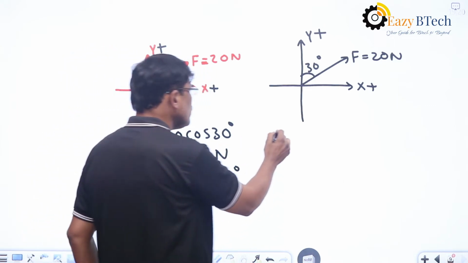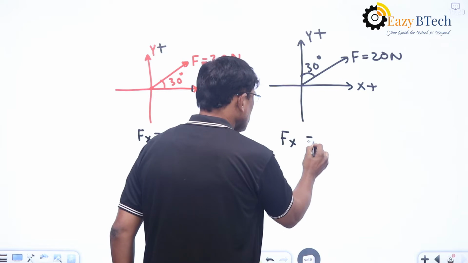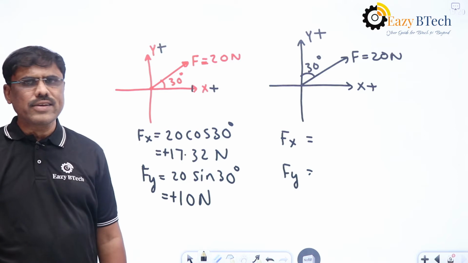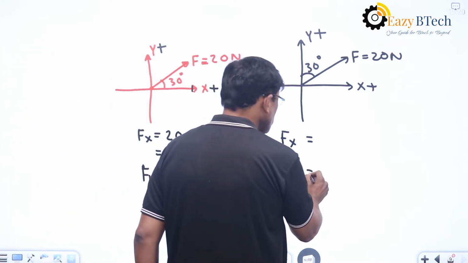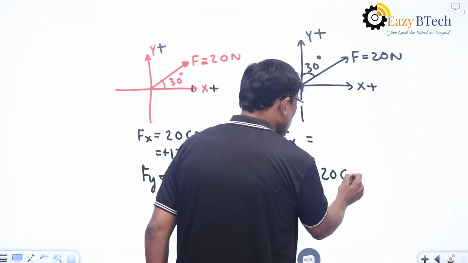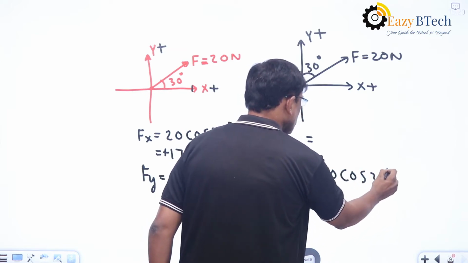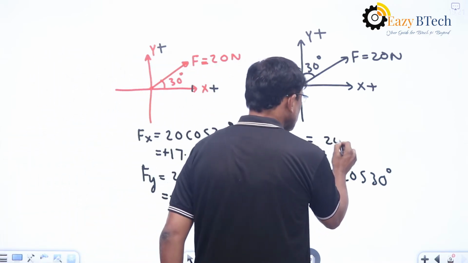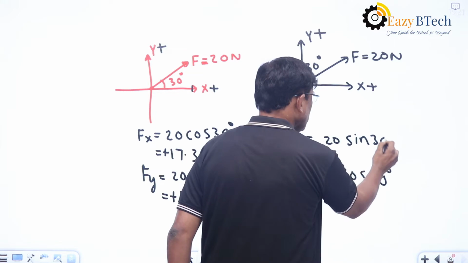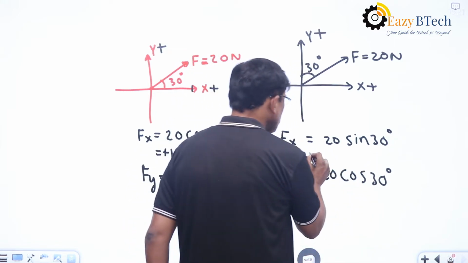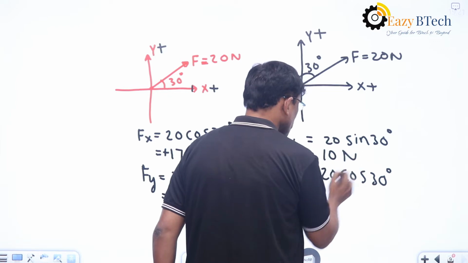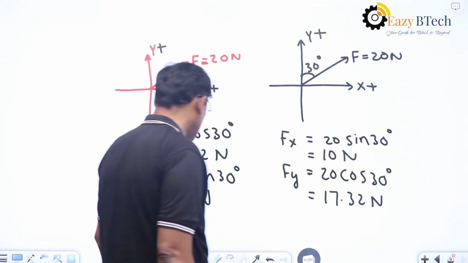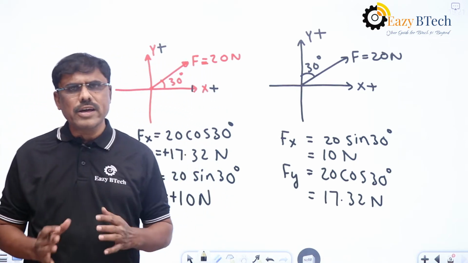Now Fx and Fy, because this makes angle 30 degrees with y-axis, Fy becomes 20 cos 30 degrees, whereas Fx becomes 20 sine 30 degrees. That means this is equal to 10 newtons, whereas this one will become 17.32 newtons.